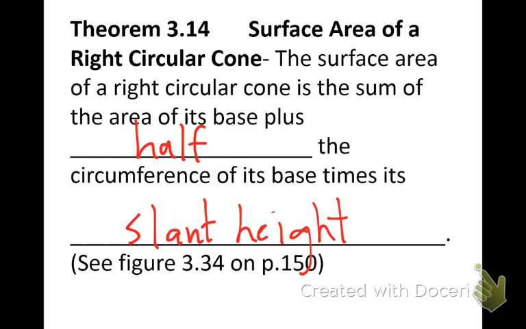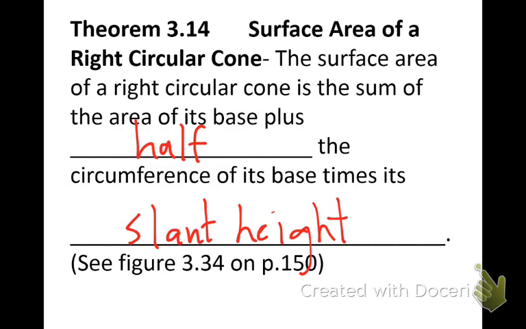So if you think of a close thing to a cone as far as the shape, it would be a pyramid. This is page 150, example here. So if we take a pyramid that has really short, small triangles on the sides, that is approaching a cone, right?